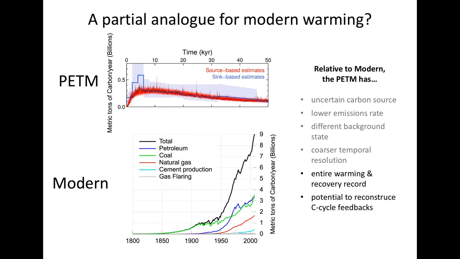I think the great excitement is that we're getting to the stage where we've got the PETM as an entire record of the warming and recovery. And there is growing global consensus, certainly, that large igneous province carbon is a big player here.